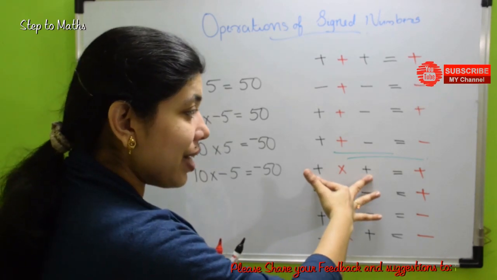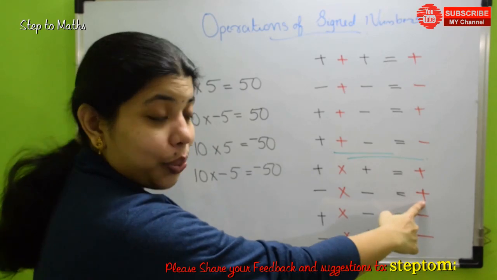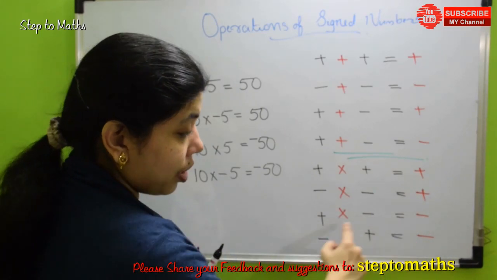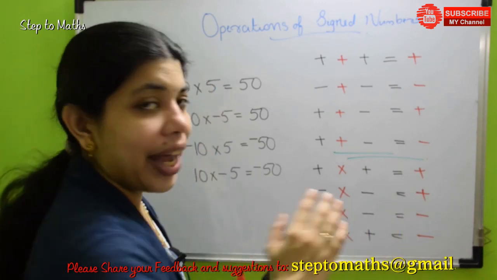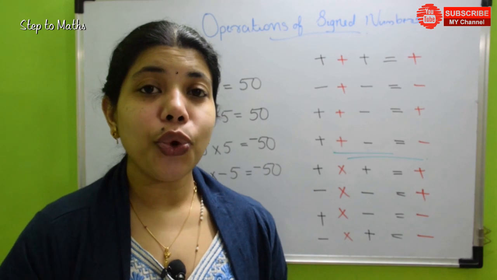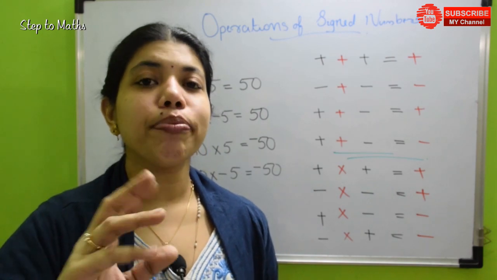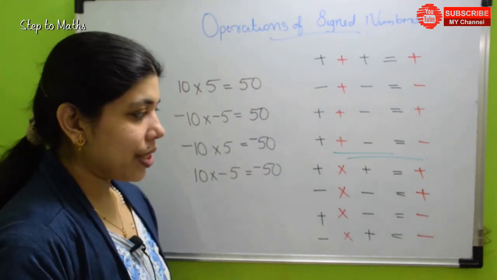If signs are same, the product is positive. If signs are different, plus minus or minus plus, the product is negative. That is the rule of multiplication for signed numbers.